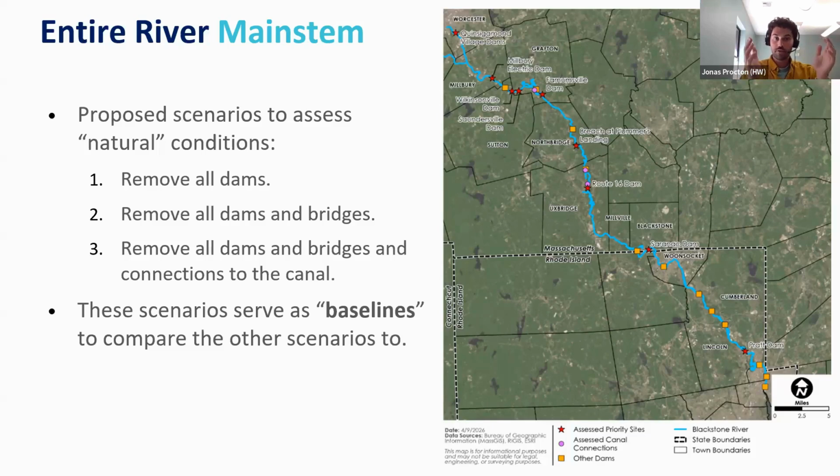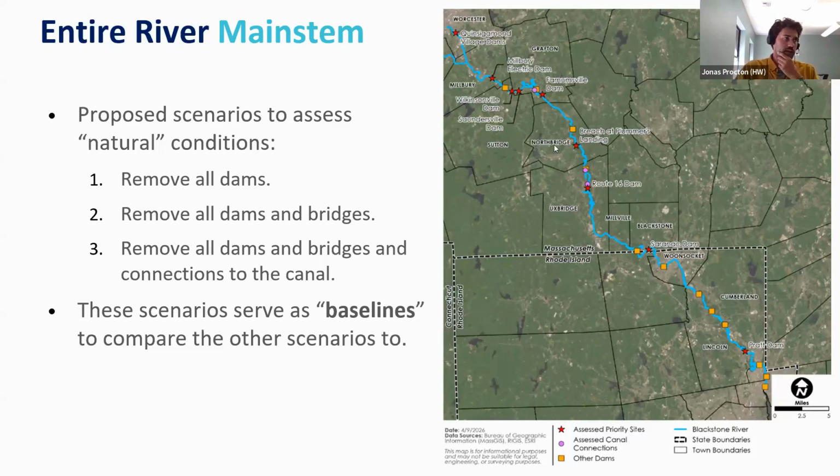If we see a difference between our existing conditions model or any of our scenarios and this no bridges scenario, that tells us the maximum potential for how much all this human infrastructure could be invisible to the river, if we had built it in a way where our infrastructure isn't causing flooding to get worse.